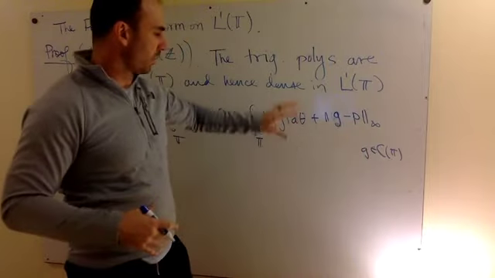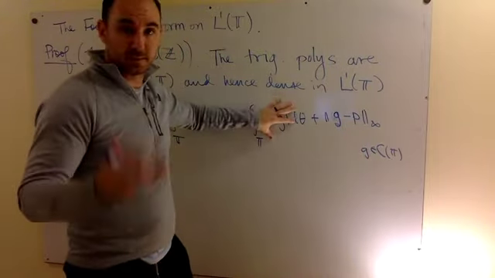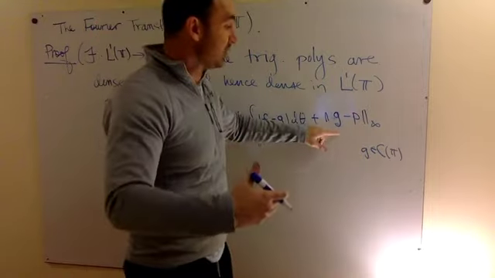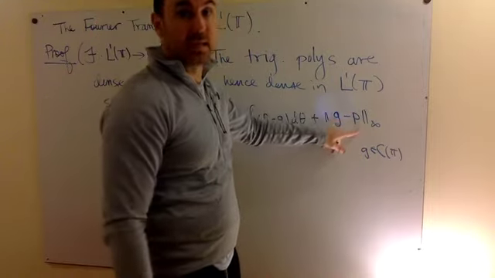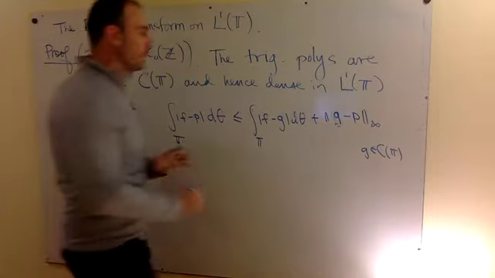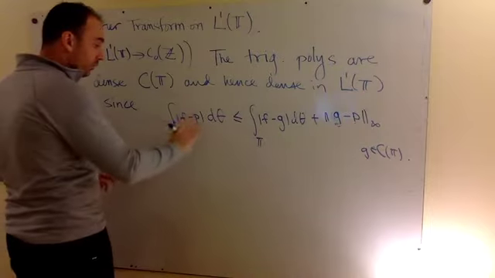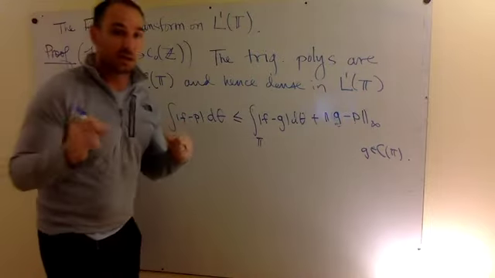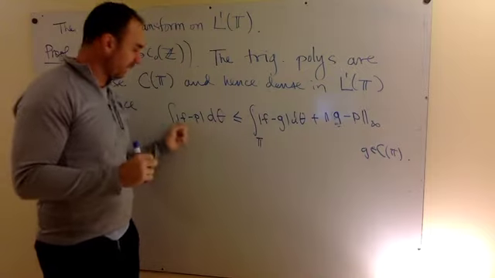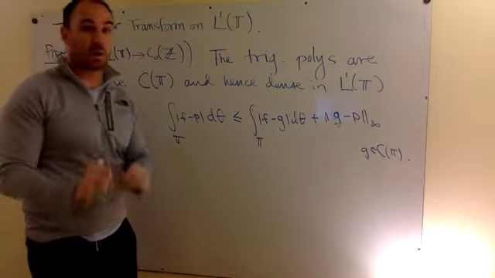And so the moral of the story is, given f, I can choose g so that this is less than epsilon. And then given that g, I can choose my trig poly p so that this is less than epsilon, and the whole thing is less than epsilon. So given f in L1, I can find a trig poly that's close to f in the L1 norm.